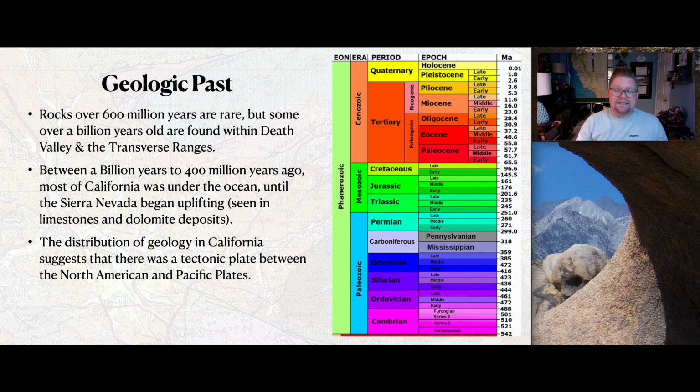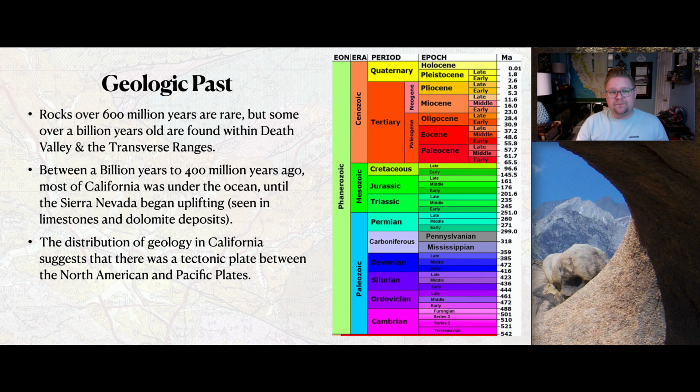In most landscapes, you're not going to find that, in Montana, for example. You find that in California, and that's the result of the Farallon Plate. So be sure to check out that video. But between 1 billion years to 400 million years ago, most of California would have been under the ocean until the Sierra Nevada began uplifting, and that's been observed in both the limestones and the dolomite deposits.